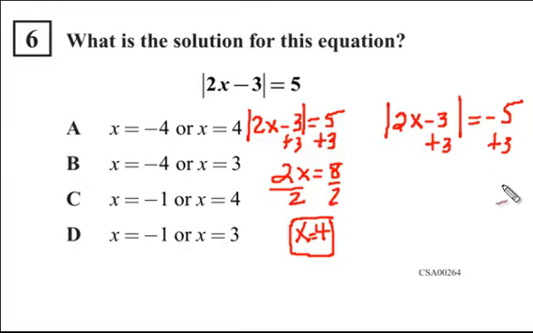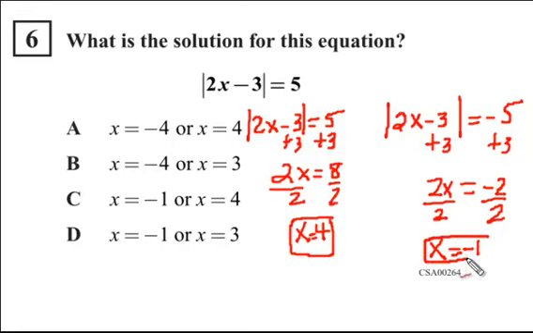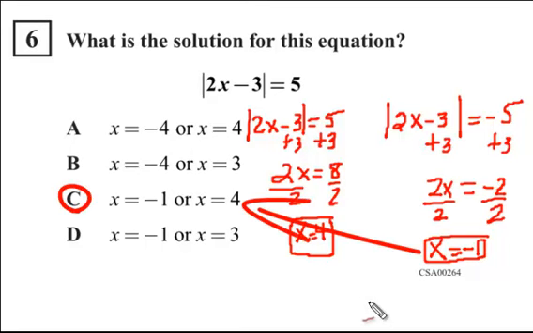Negative 5 plus 3 is negative 2. So 2x equals negative 2. Let's divide each side by 2 to solve for x, and x is equal to negative 1. So the solution for this equation is negative 1 or 4. And the answer is C.